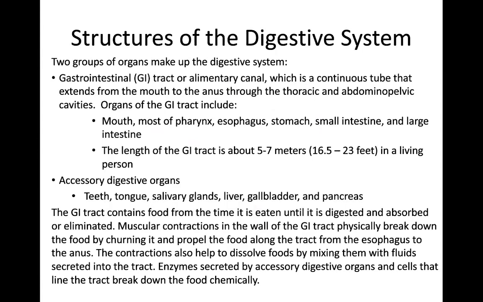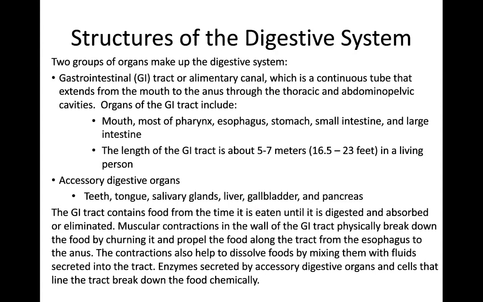Well, I guess I shouldn't say that because your teeth and tongue play a role in digestion. But they're not part of the tract as far as a tube goes. They are connected to it, or like in the case of our teeth and tongue, found within the mouth.